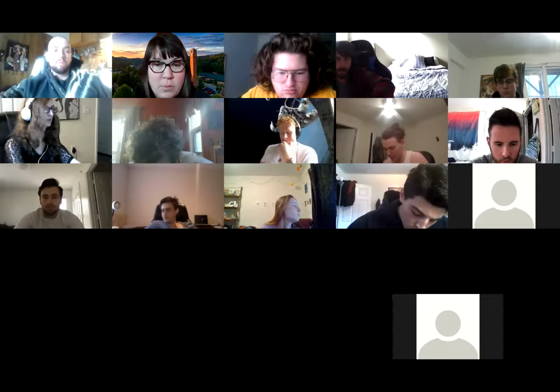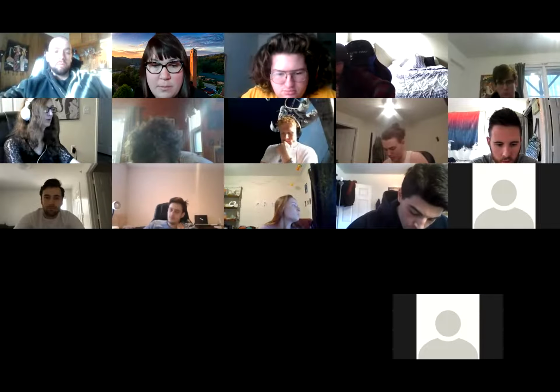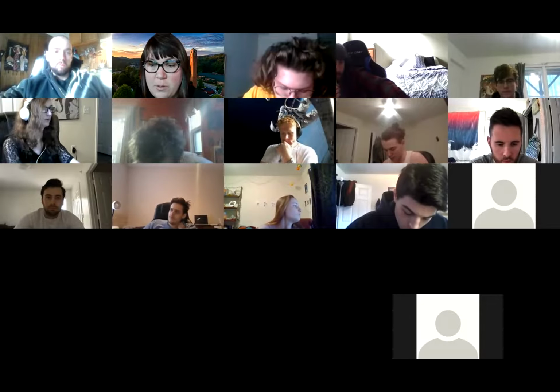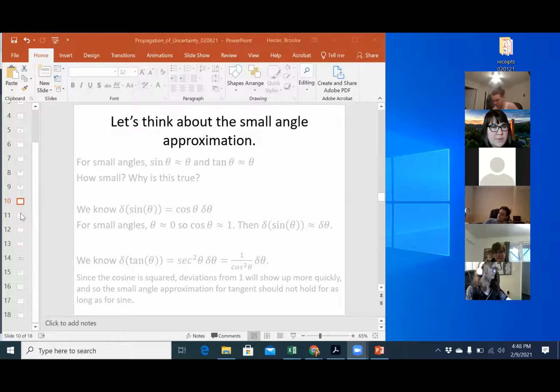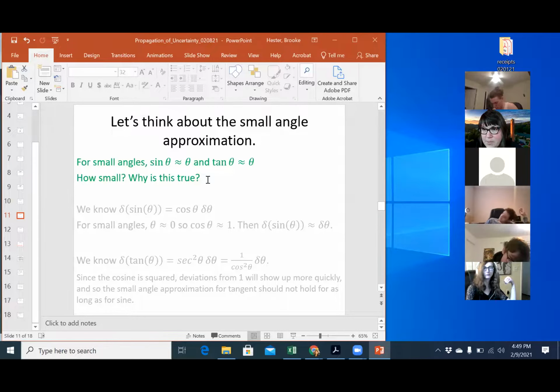So for small angles, sine of theta is basically theta, and tangent of theta is basically theta. Around 7 to 15 degrees, which you should know in radians as well. And it's true because of the Taylor expansion. That's where we get that from.